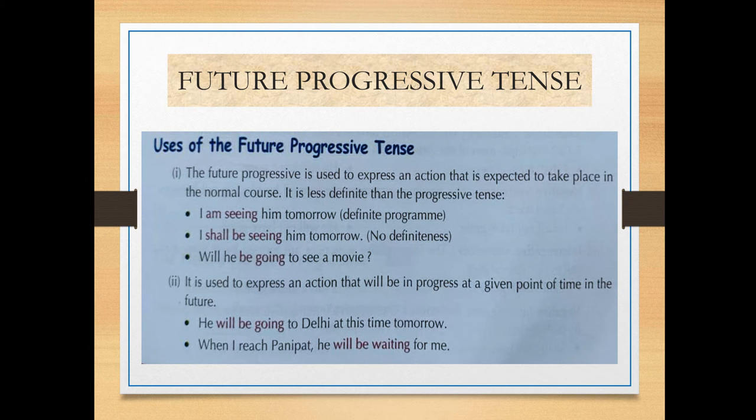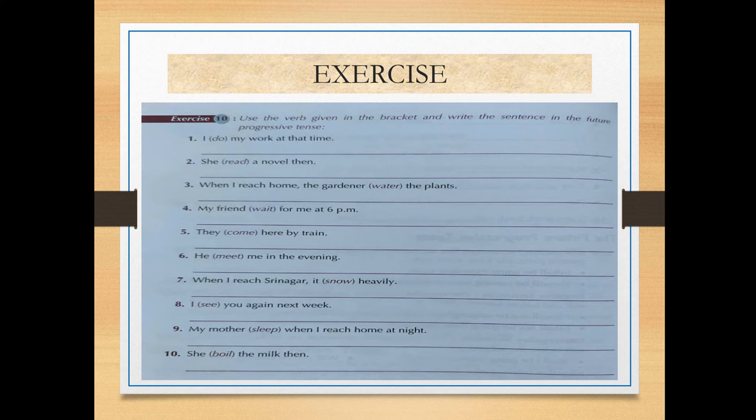Let's see an exercise related to it to understand the topic better. Use the verb given in the bracket and write the sentence in the future progressive tense. Let's see the first one. I do my work at that time.